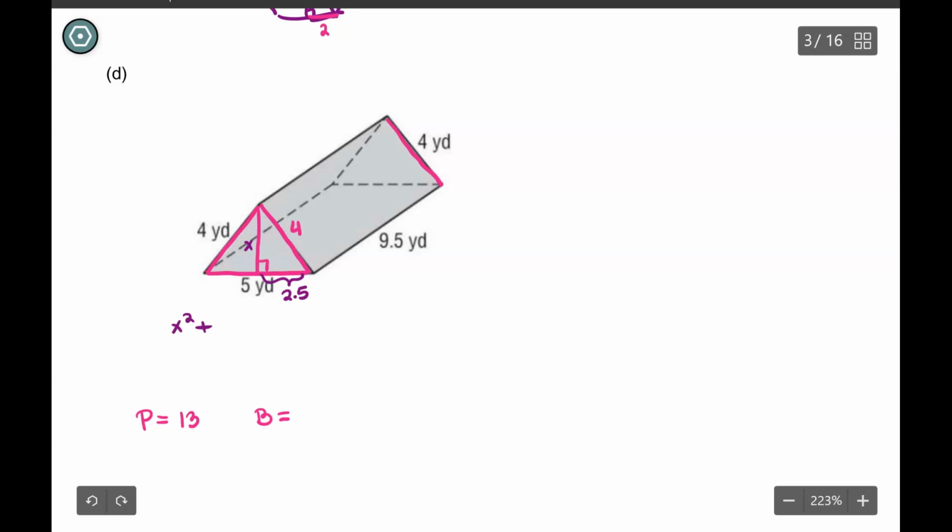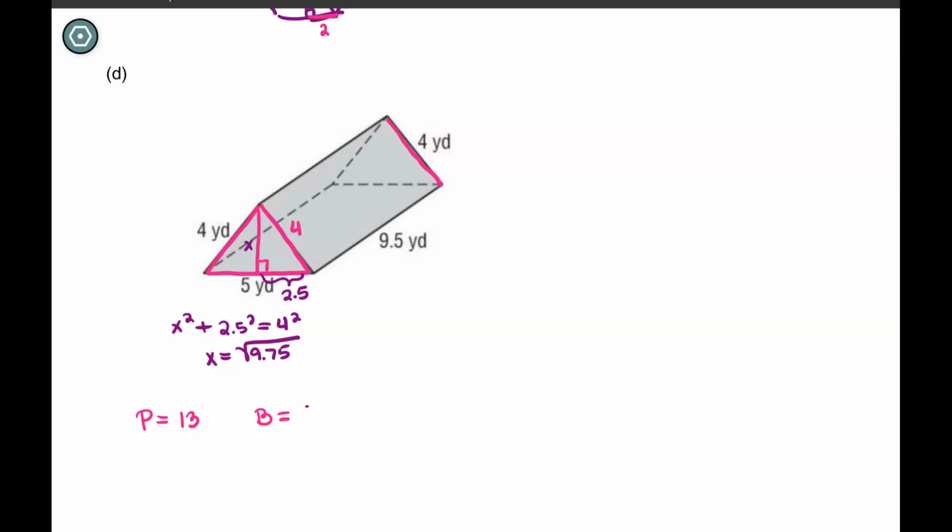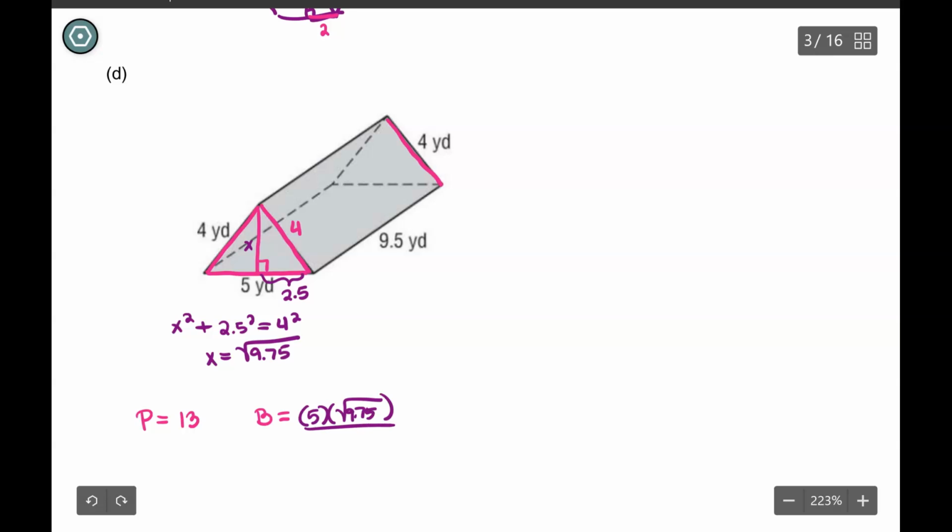So x squared plus 2.5 squared equals 4 squared. So I get x is the square root of 9.75. So for the area of the base, I'll have 5 times square root of 9.75 divided by 2.